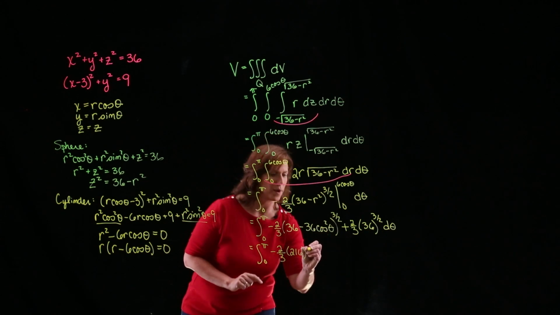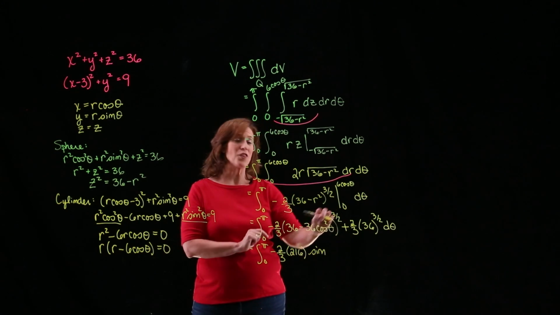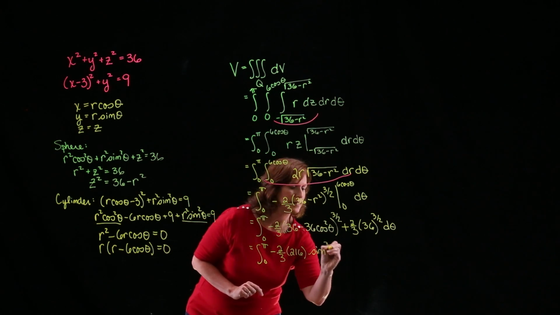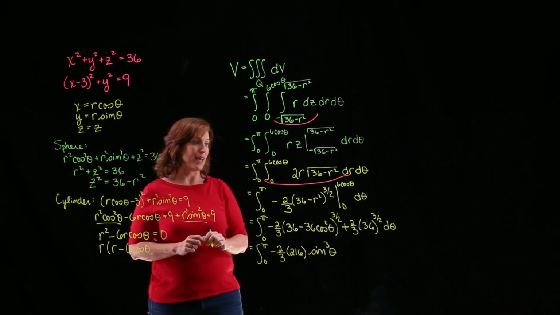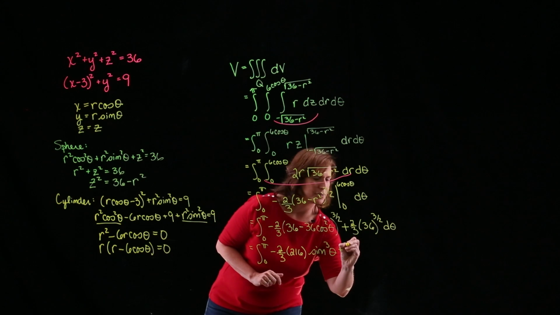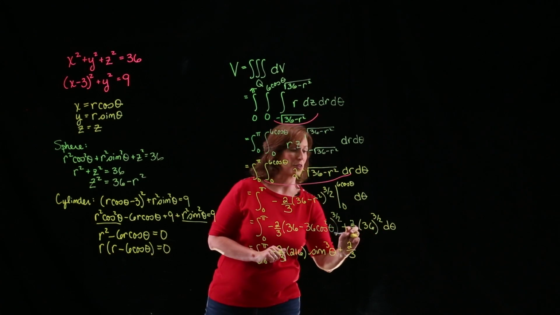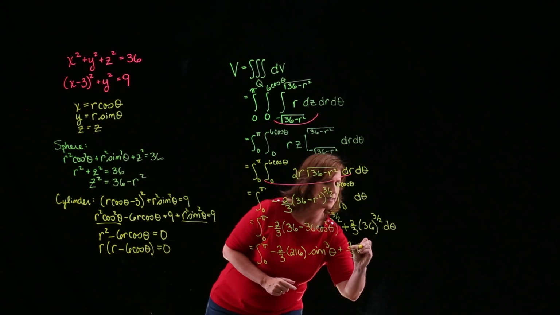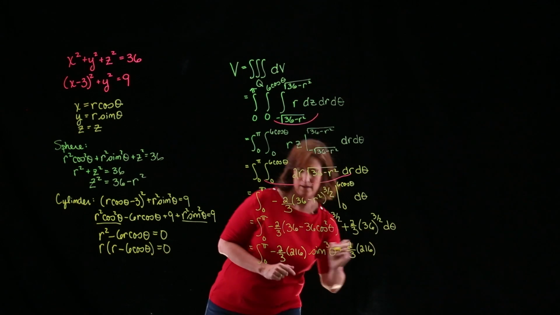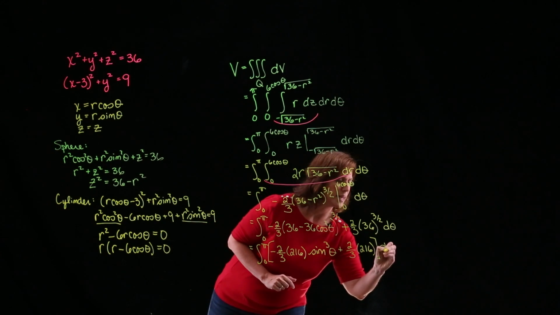So I'll have sine squared theta, but it's raised to the 3/2 power, so that makes it sine cubed theta. Then I have a 2/3 times 36 to the 3/2 power, which I already said was 216. And then all of this is still times d theta.